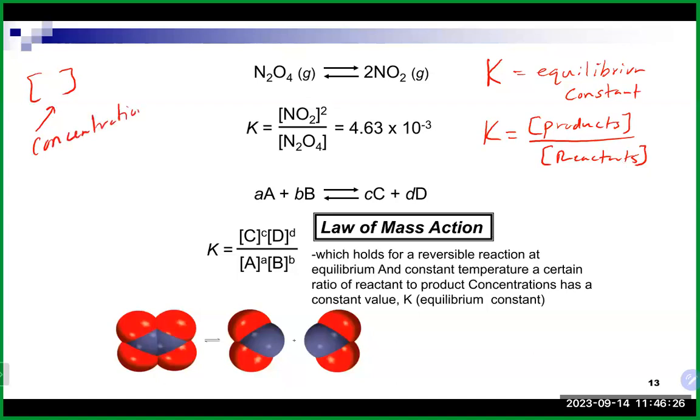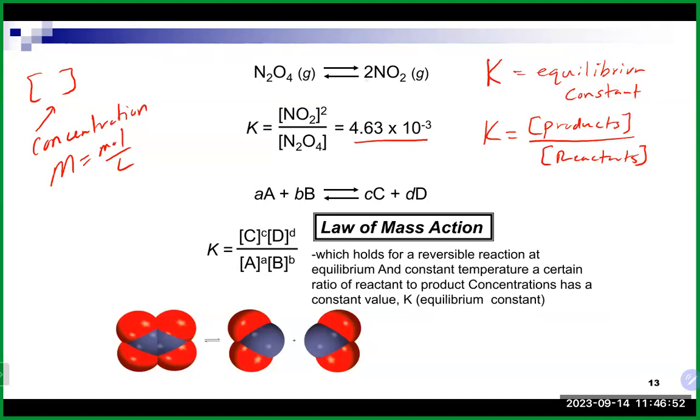And usually what we're talking about is our friend molarity, moles per liter, typically what we're referring to when we see that. So if we take, for example, this equation that they have here, the N2O4 goes to 2NO2. We can take K equal to the concentration of NO2 squared divided by N2O4, and it equals this number, which is not really relevant for our purposes.